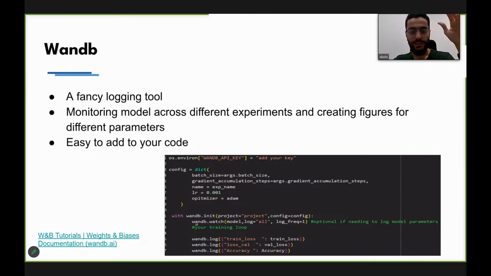This next part is optional. It's to watch your model parameters and everything. It's not that important. The important part is to log the training loss, the validation loss, the accuracy, and so on, so you have some useful statistics to compare your models.